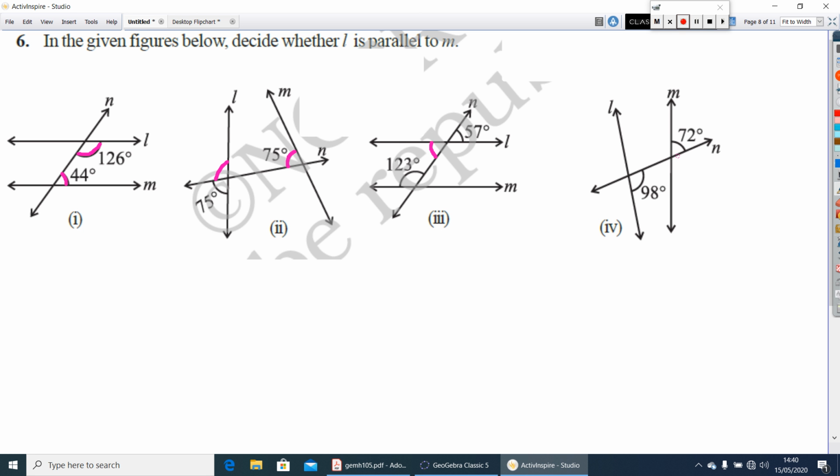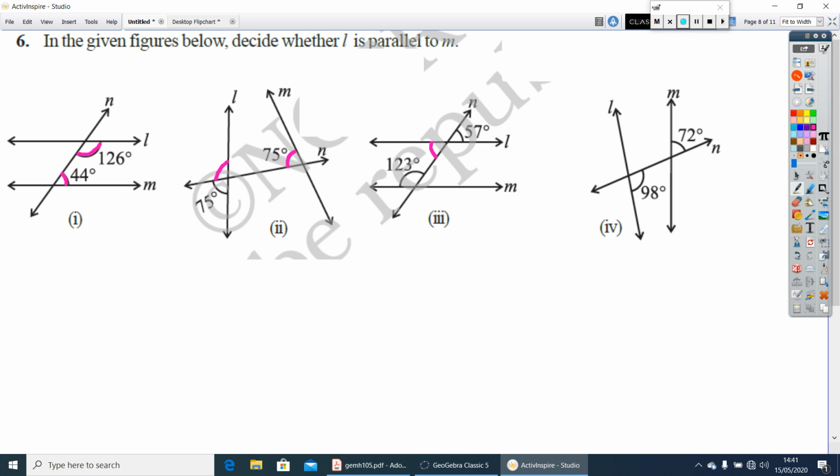If corresponding angles are equal, or alternate interior angles are equal, or angles on the same side of the transversal are supplementary, or the sum of those angles is equal to 180 degrees, if these three conditions are satisfied, you can say line is parallel.